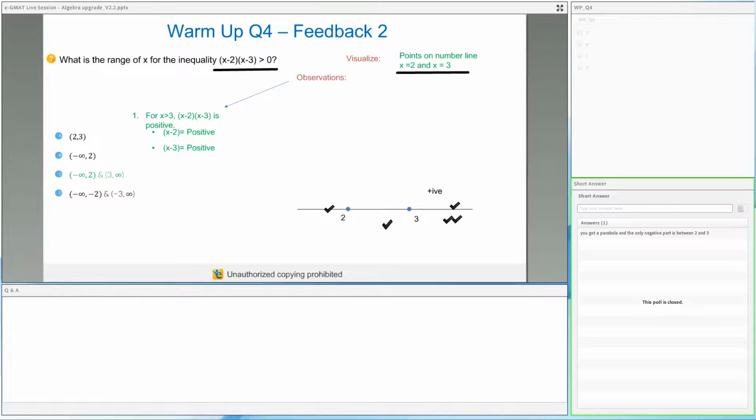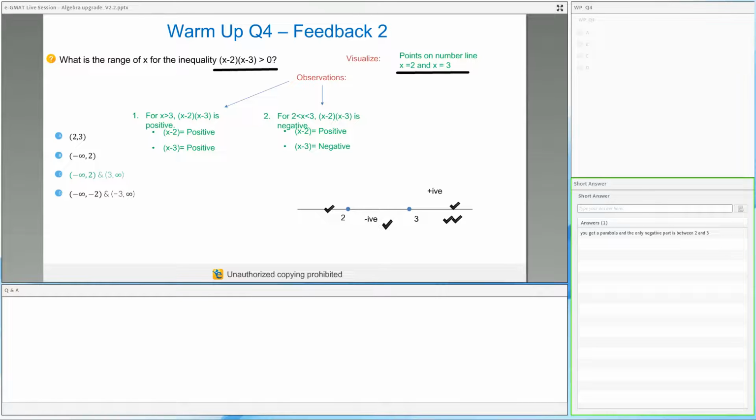You get positive. Now think about the region between 2 and 3. Between 2 and 3, take any value. Take any decimal, because there aren't any integers here. But you can say take 2.5. Okay. If you take 2.5, you will see that this will become positive. However, this will be negative because 2.5 minus 3 is minus 0.5.